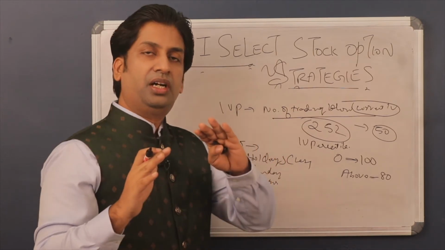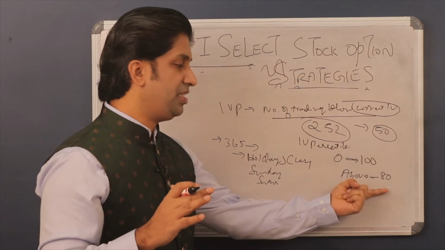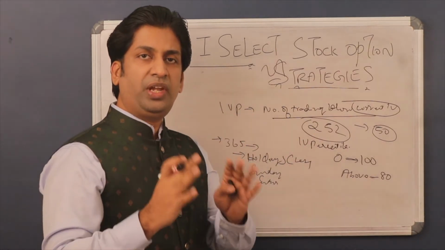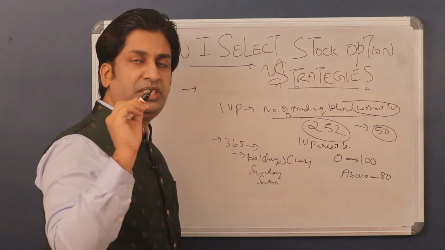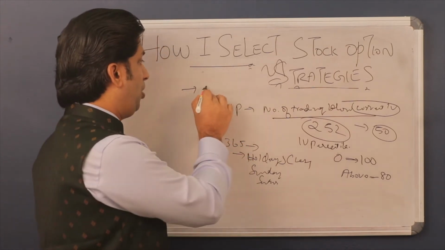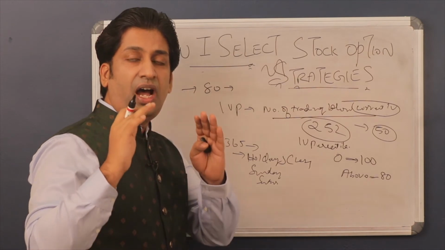You have to consider the stocks which have an IVP above 80. Above IVP 80 means those stocks will have higher premiums.